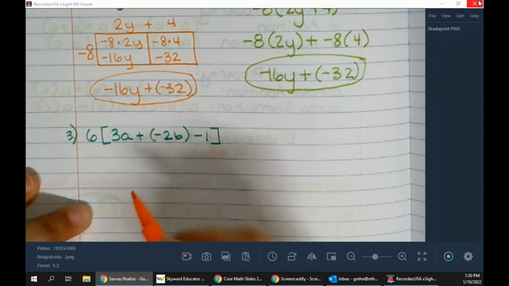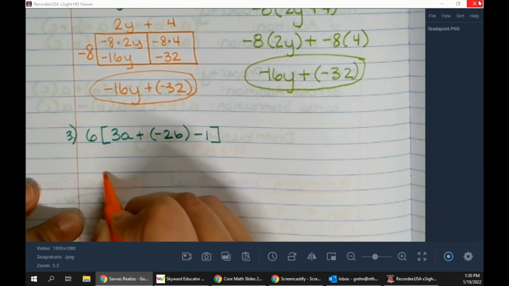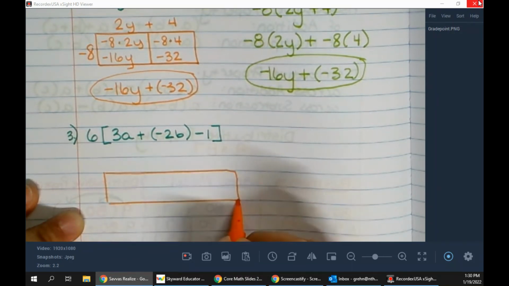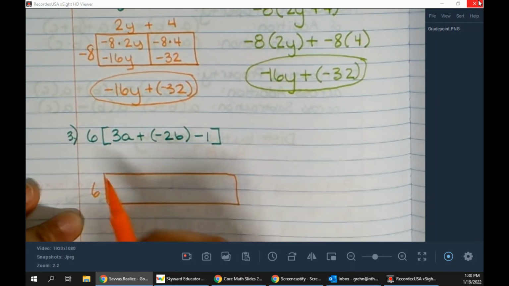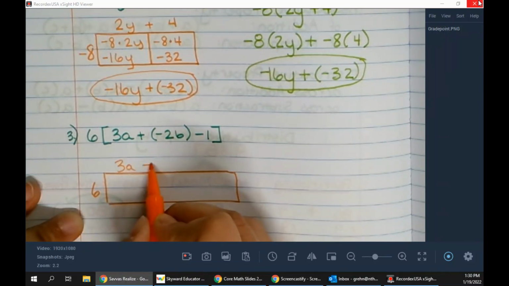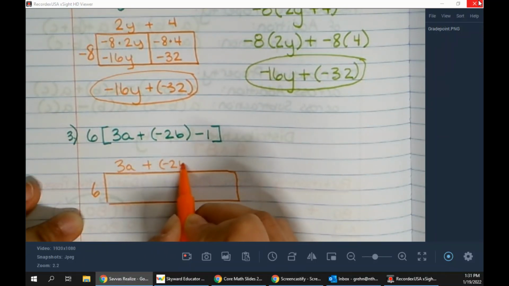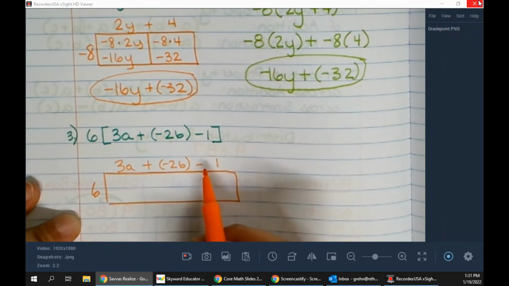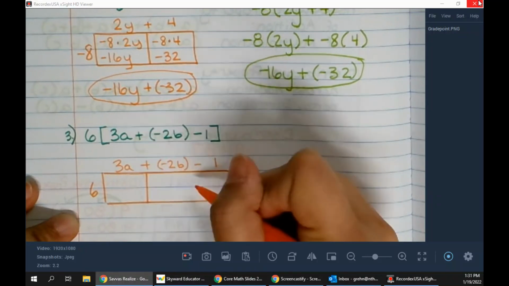So I'm going to start with my area model. And I'll bring down the 6. And then my terms are 3a plus negative 2b minus 1. So this time I have 1, 2, 3 terms, so I need 3 rectangles.